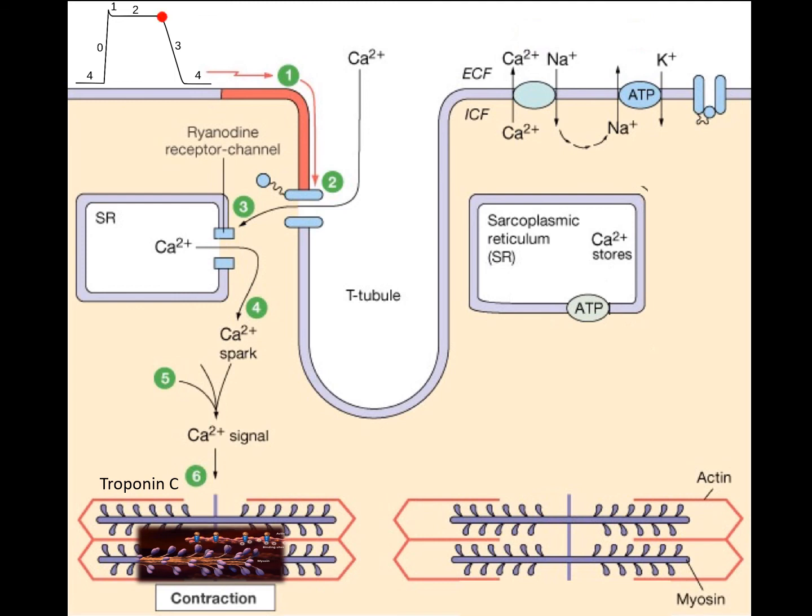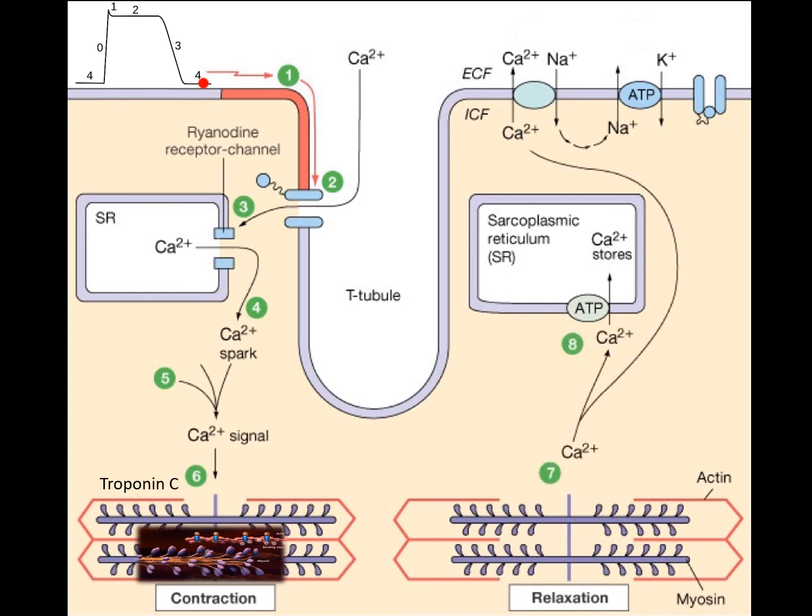Now during phase 3, when repolarization is happening, calcium ions have to go back out of the myocyte cell. That's why there is relaxation of actin myosin fibers, and the calcium ions present in the myocyte are either going back to the sarcoplasmic reticulum or going out of the myocyte through the sodium calcium pump.